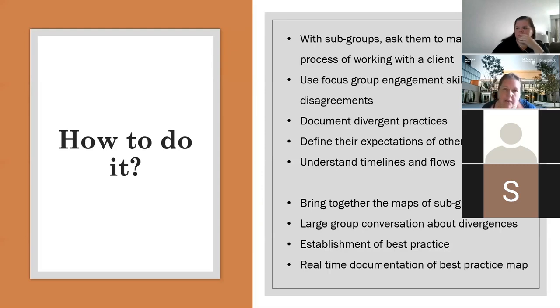Once you have worked with each of the subgroups, the goal is to bring all of those maps together and try to merge them and bring in as many of the places of divergence as you have been able to identify in the process.